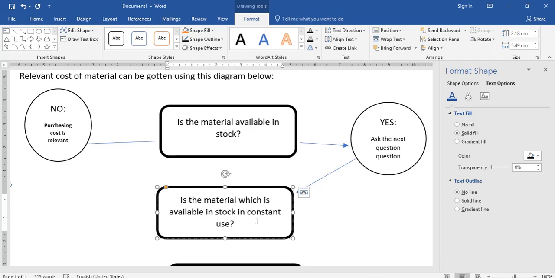You see, the material is available in stock. That's why we said yes. And I'm repeating it: is the material which is available in stock in constant use?